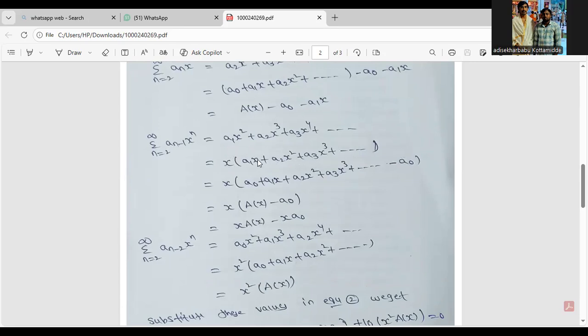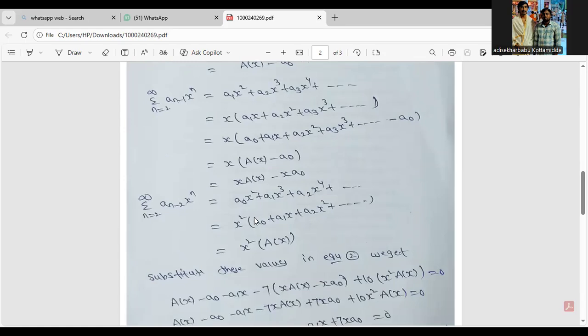Here a naught is also missing, so by adding a naught and subtracting a naught we get A of x: x into a naught plus a1 x plus a2 x squared plus a3 x cube and so on, minus a naught. That is equal to x into A of x minus a naught, which is x A of x minus x a naught.